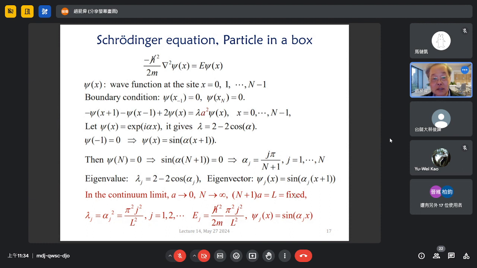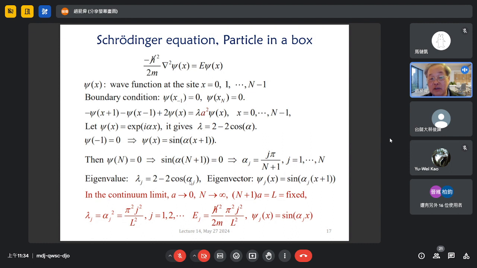So in that limit, I obtain the lambda. You see, this cosine of alpha becomes the alpha j squared, because a goes to 0, so alpha j becomes small.